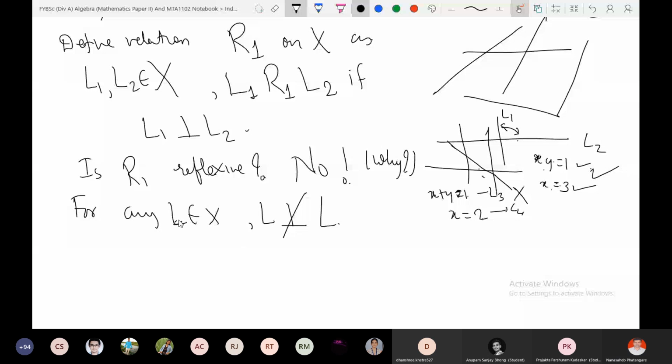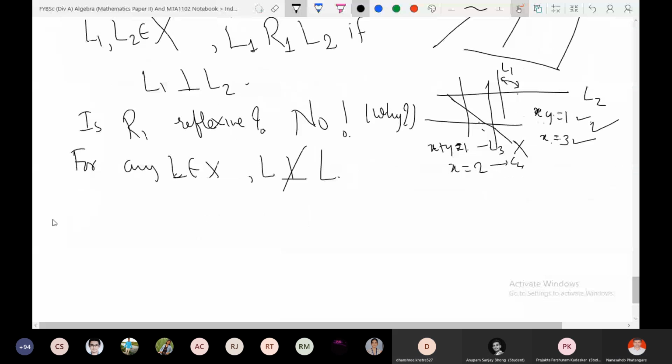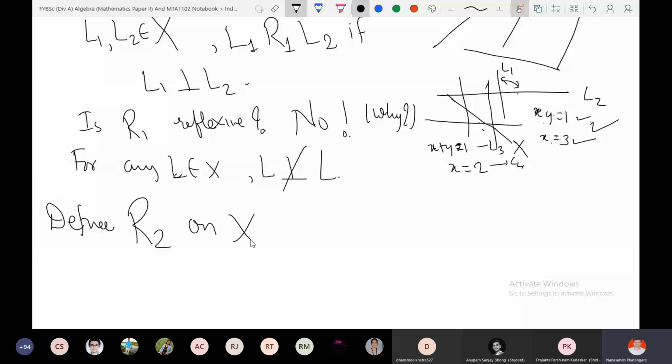Fine. Now I will define another relation R2 on X as: for L1, L2 belonging to my collection of lines, L1 is related to line L2 if L1 is parallel to line L2.